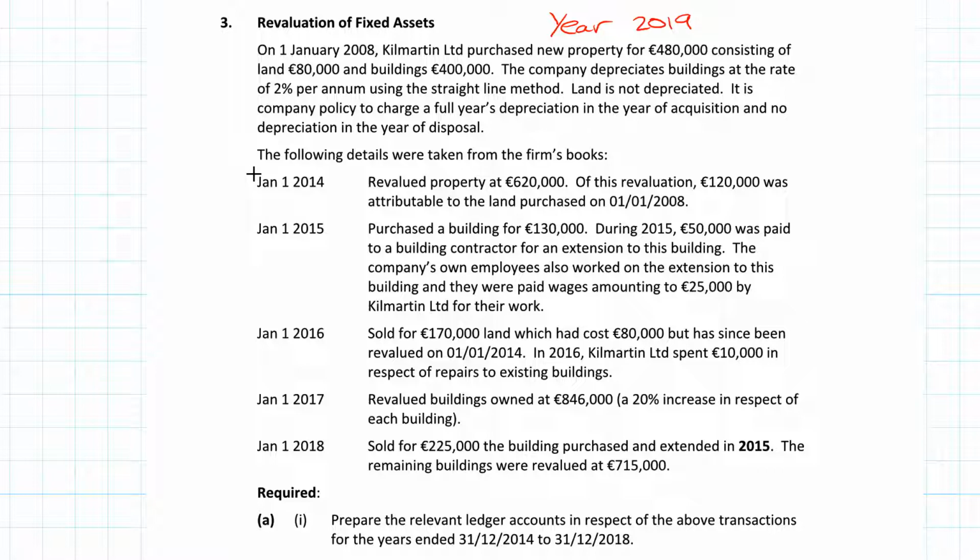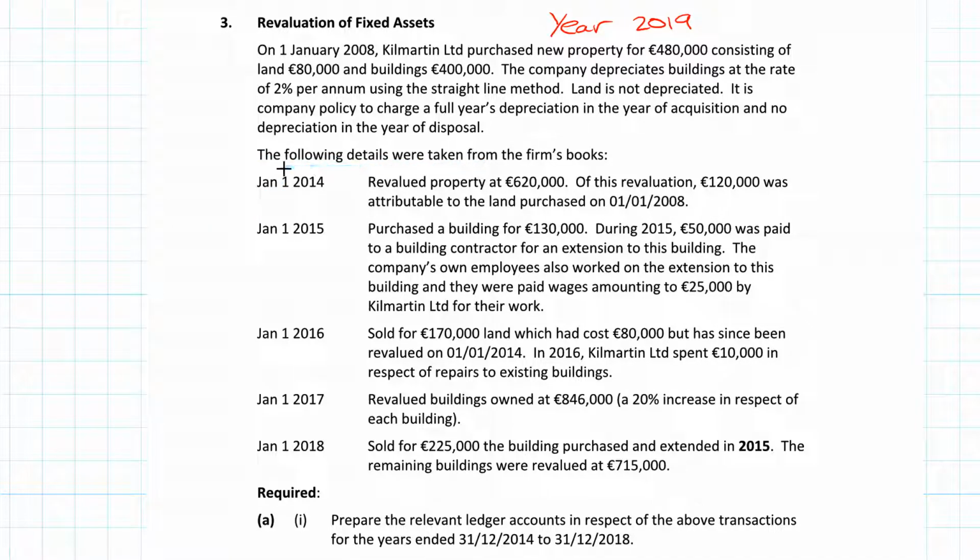So we're not going to charge any depreciation if we're getting rid of it on the first day of the year. As well as that, if we bought a new building at the very beginning of the year, you'd expect to have a full year's depreciation on it. So this is just making sure that you're not just assuming, but it's actually a given that that's what you have to do. So that's its policy.